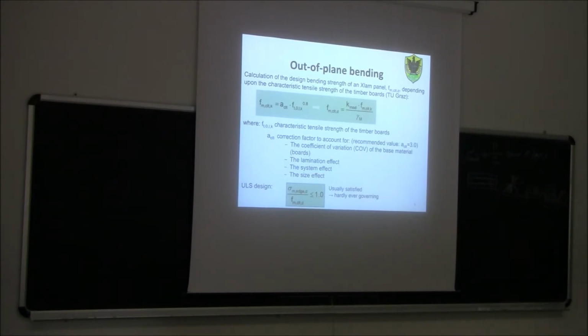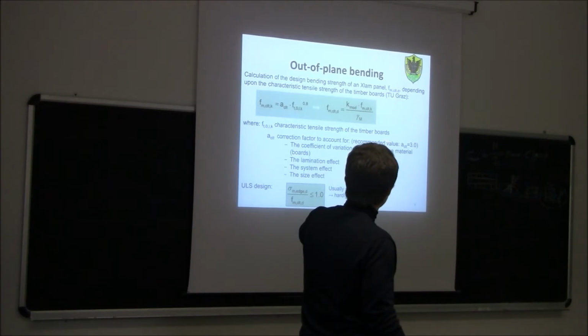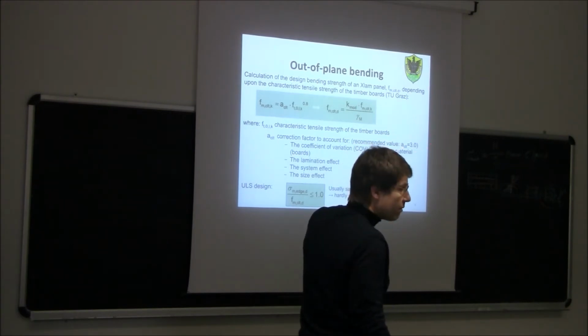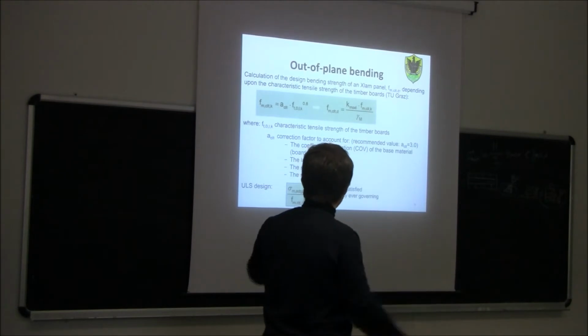But of course, what governs more is the tensile strength. So in the end, they derive this kind of empirical relationship correlating the tensile strength parallel to the grain of the board to the bending strength of the whole body. They ran several tests. So this proposal is here, where you can see a CRT has a recommended value of 3, based on some tests, depending on coefficient of variation, lamination, and so on.